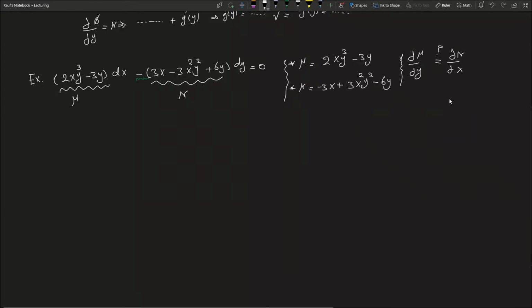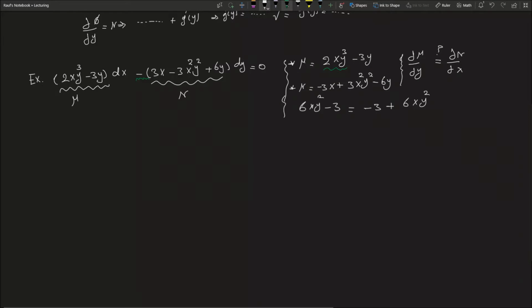If we do that, then we will get 6x y squared minus 3 equals minus 3 plus 6x y squared.